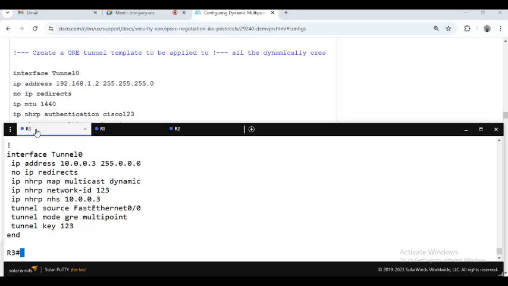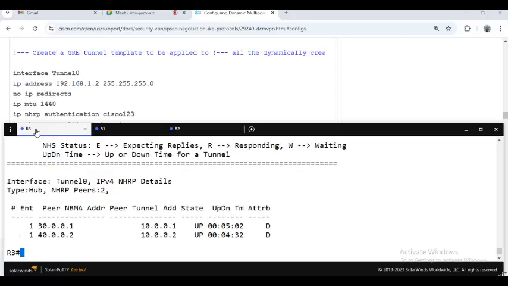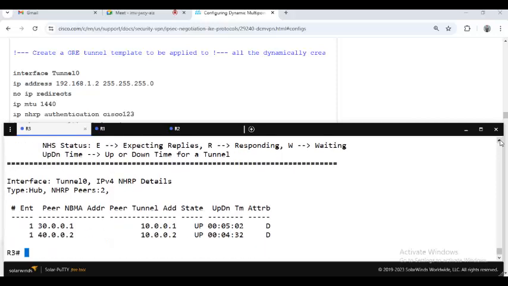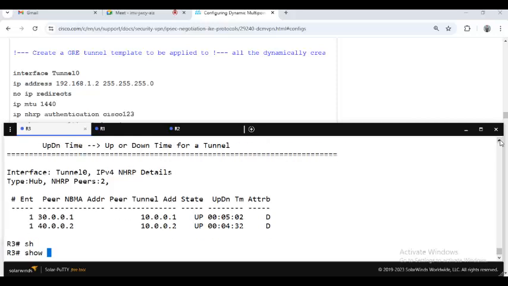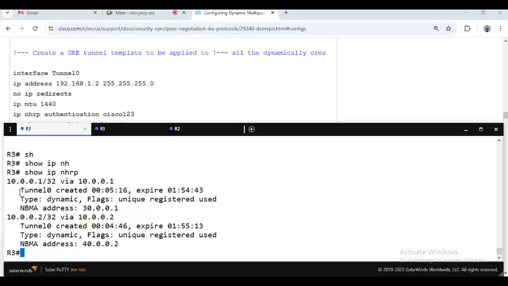You will see two registrations coming, one from a spoke saying my public IP address is this, coming from the other spoke, my public IP address is this. But you won't find this on the spokes. You will find only one on the spokes. This is the hub. The other spokes will come only when you try pinging.